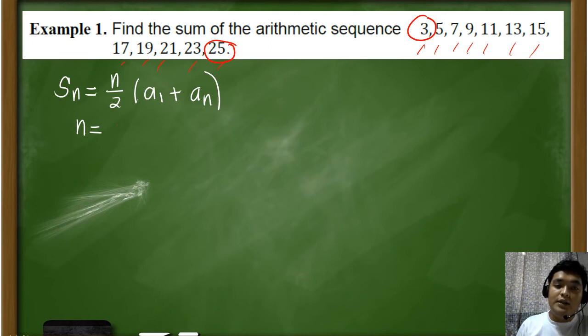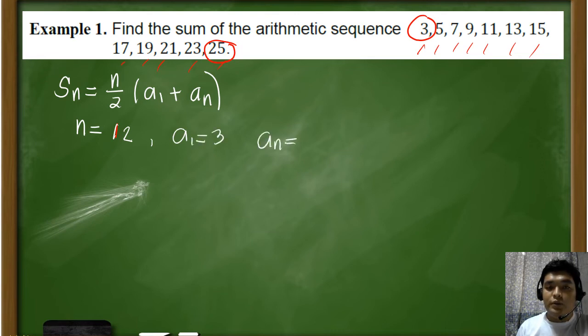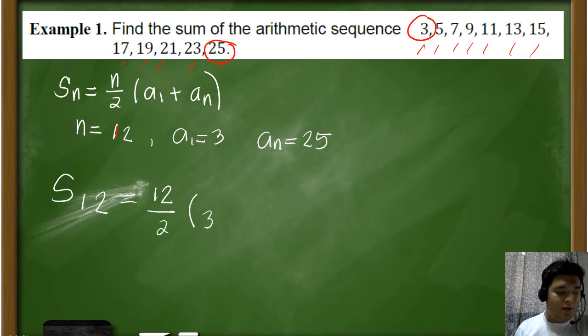So our n is 12, our a sub 1 is 3, and our last term, a sub n, is 25. So that is S sub 12. n over 2, our n is 12 over 2, times the quantity 3, or a sub 1, plus 25.